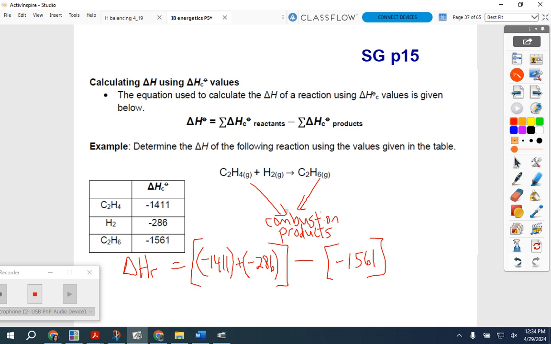So I'm going to take my 1411, 286. Did I do that right? Let's try that again. Negative 1411, minus 286, plus 1561.